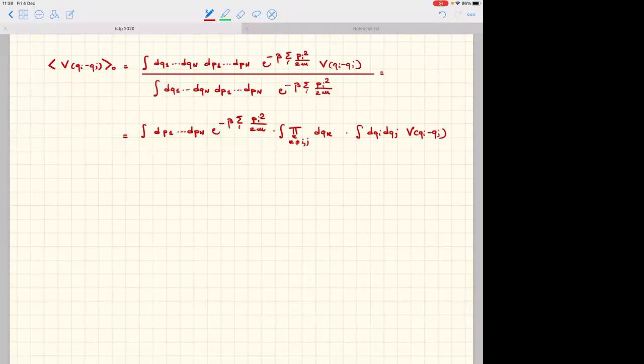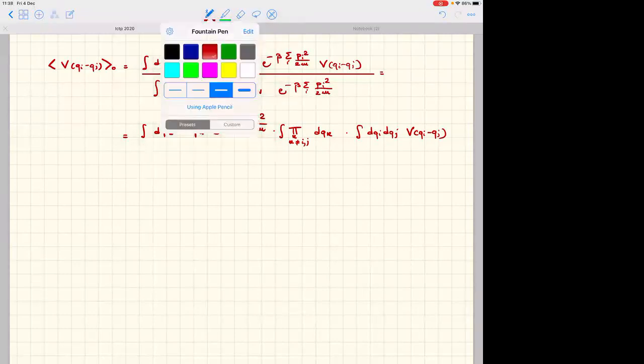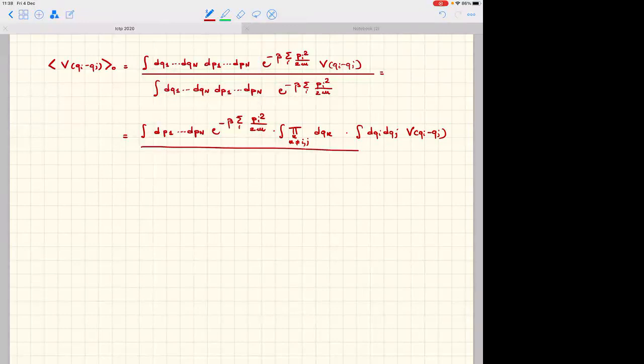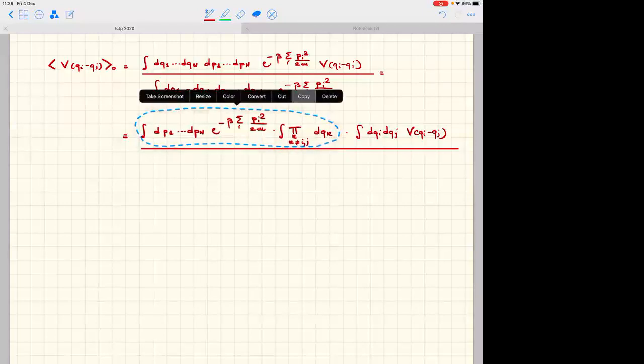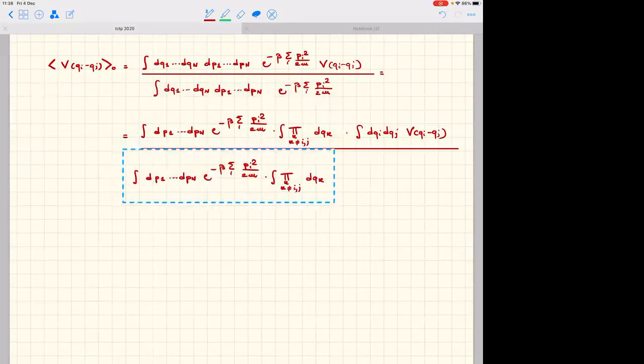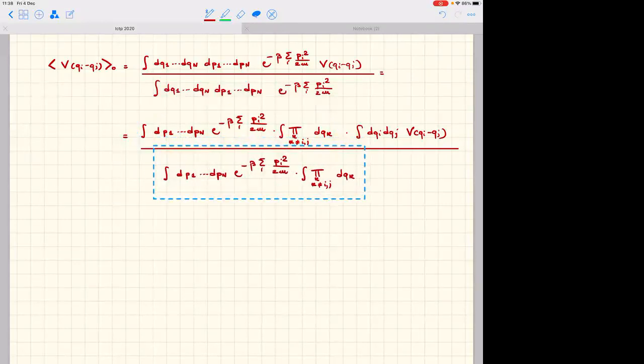Okay? In the denominator, I will have the same, and then the product integral dqi dqj. You agree with me? Yes.